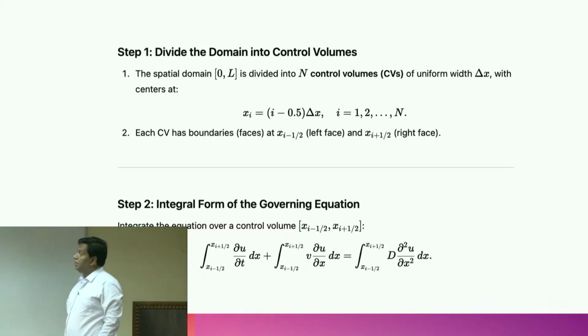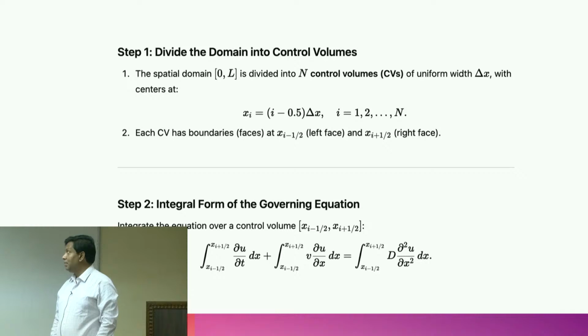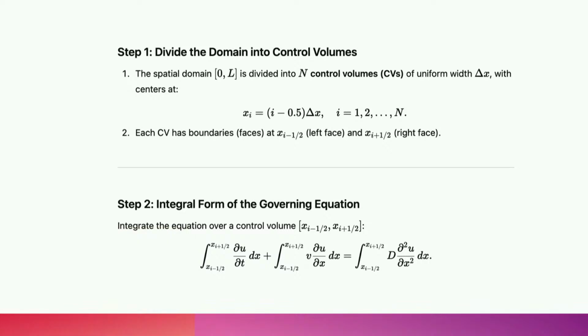As before, the length is L, and we divide it into n control volumes. The center of the control volume is xi, which is (i minus 0.5) times delta x. Each control volume has boundaries: as I said, the left one is xi minus half and the right one is xi plus half.